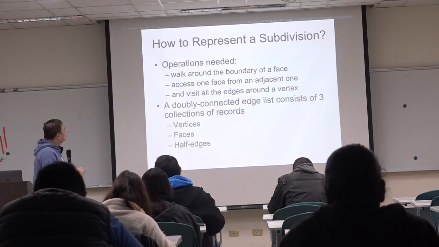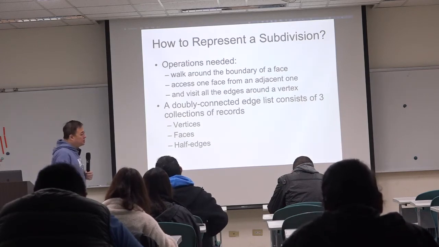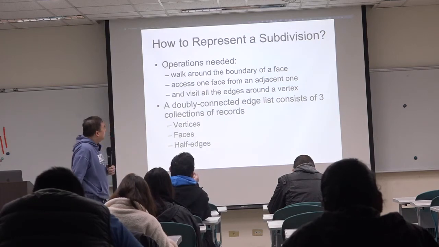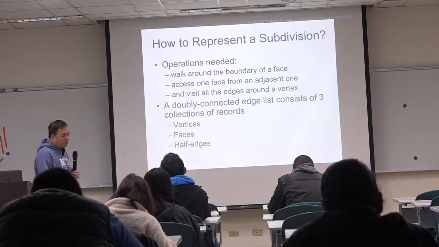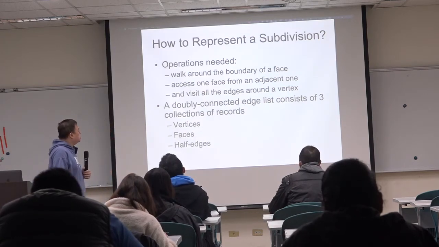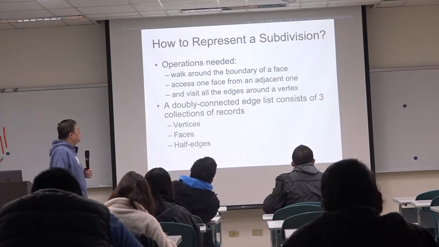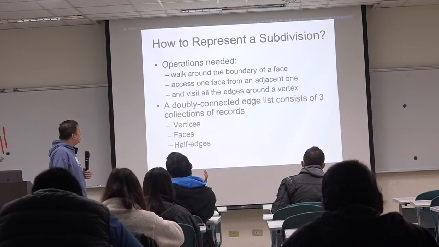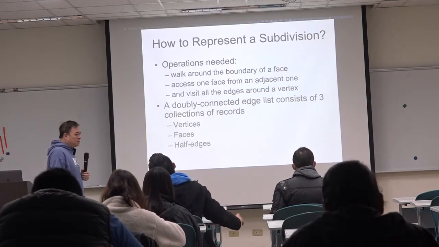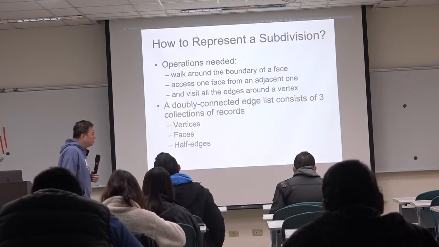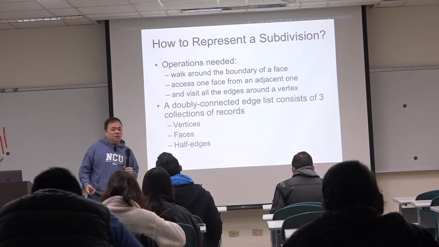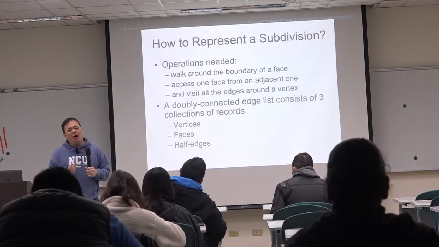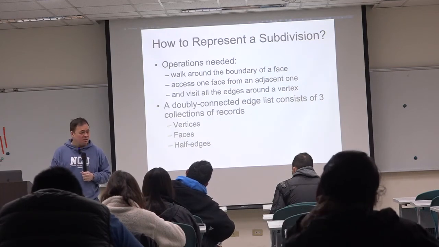So we finished the discussion of the line segment intersection. Now we are in the position to talk about the subdivision. In the subdivision case, the first thing we need to consider, before we talk about overlaying two subdivisions, is how do we represent a subdivision?